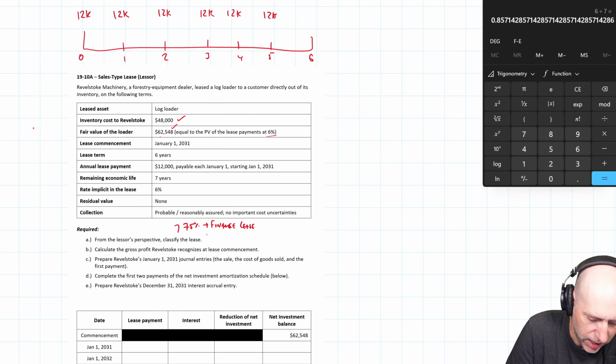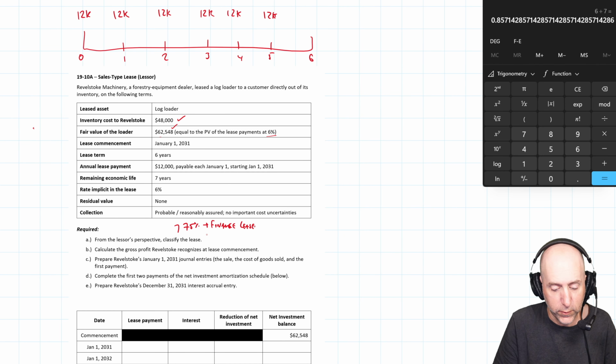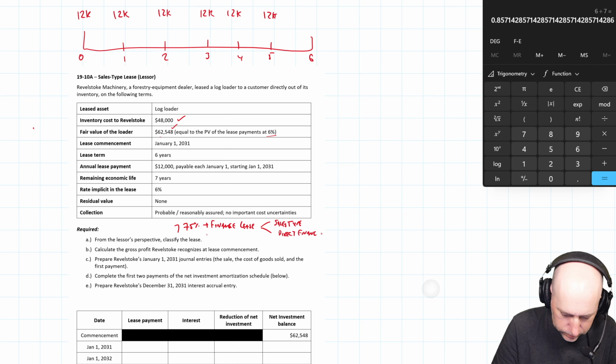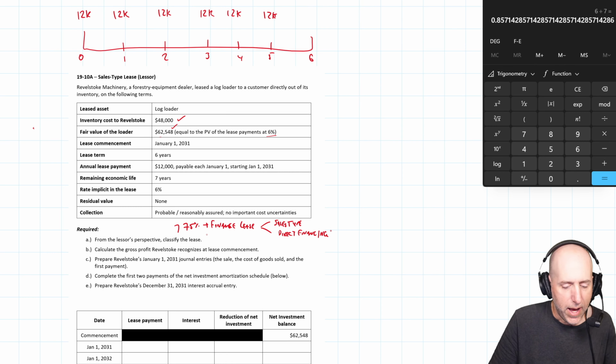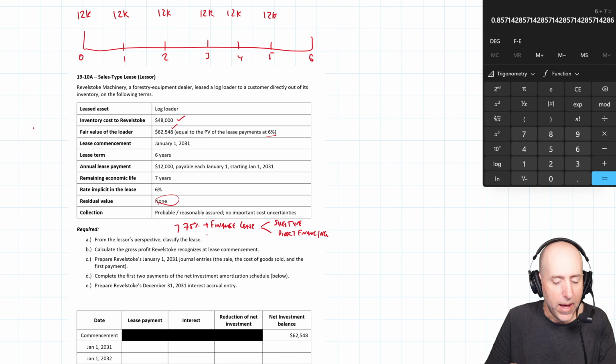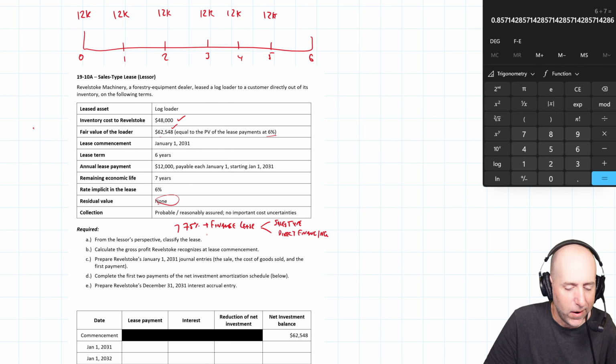Now for Canadian GAAP, for US GAAP, we want to further distinguish, is it sales type or direct financing? Now, of course, we can just read the question title and know it's a sales type. US GAAP says there needs to be a guaranteed residual value that pushes us over the top.